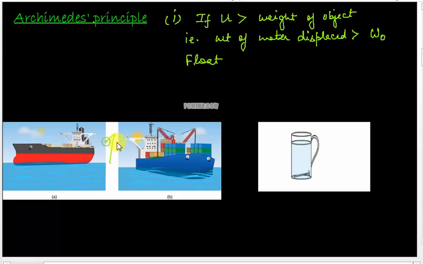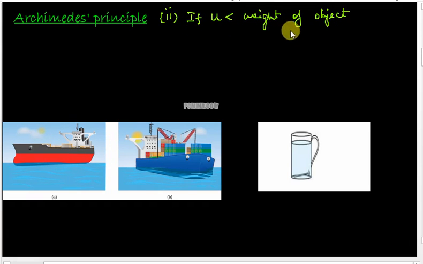So upthrust is more and the weight acting downwards is less. So we can say here the two forces acting, upthrust upwards and the weight downwards. If upthrust is greater than the weight, it receives an upward force, and so the object would float.